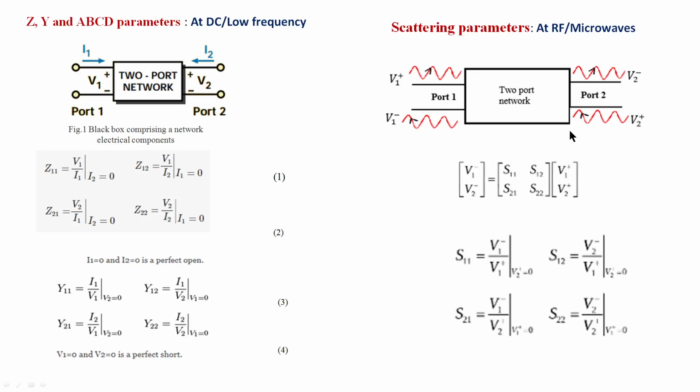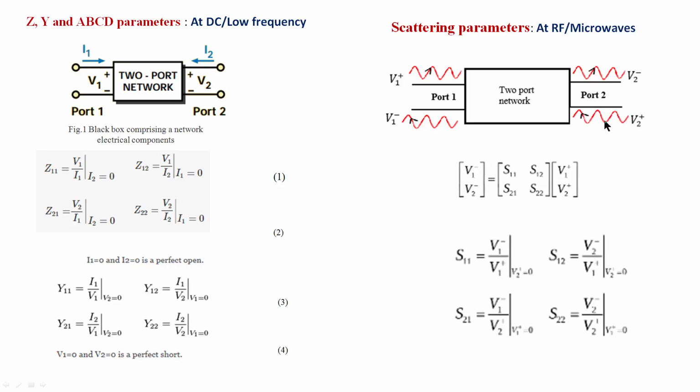In the scattering parameters, we are considering the waves independently: incident waves, outgoing waves, reflected waves. Here you see this wave, denoted by V2 plus. The plus sign indicates an incident wave, at port 2.